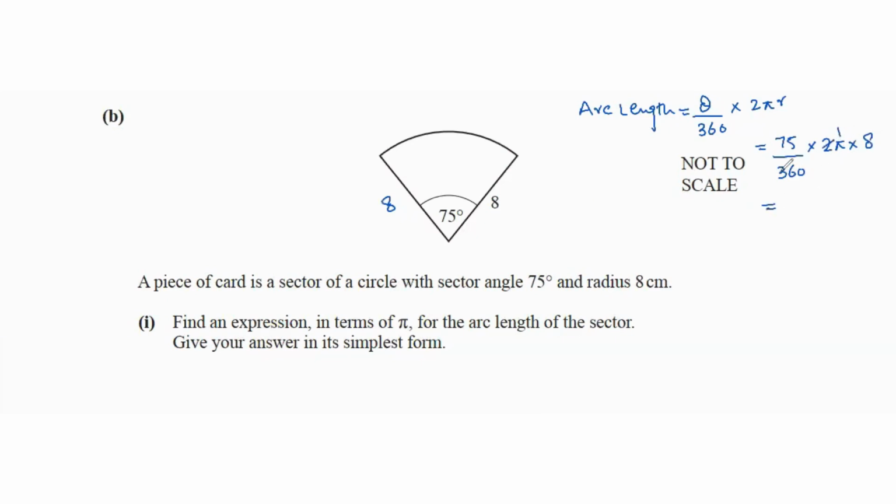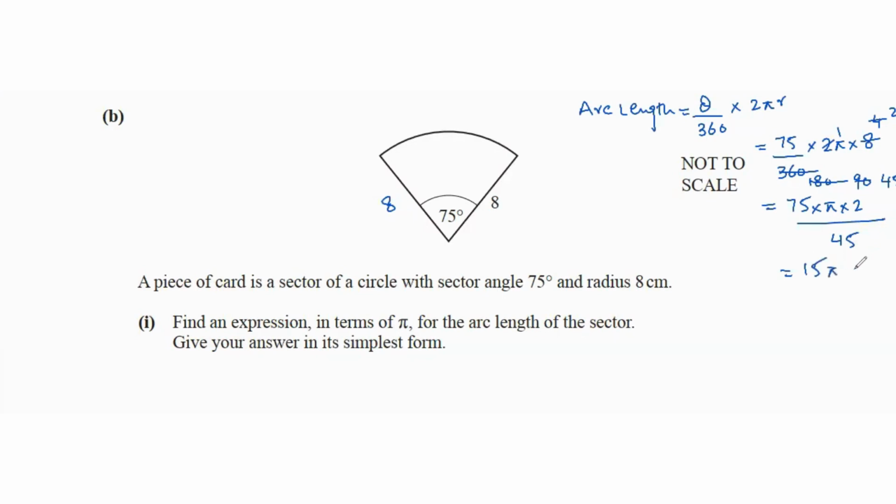2 ones are 2. 2 times 180 is 360. 2 times 90 is 180 and 2 times 4, 8... so 75 times pi times 2 over 45. 75 divided by 5 is 15 and 45 divided by 5 is 9.